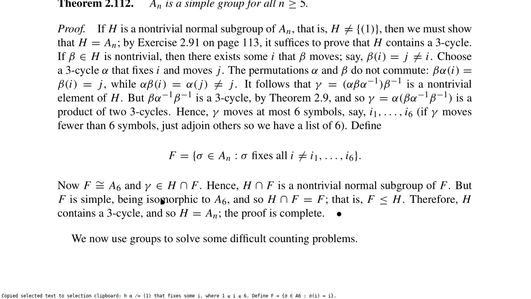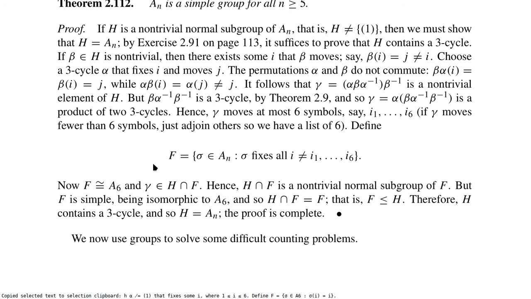So what that means is that gamma is now in H intersection F, because H is just a non-trivial subgroup of AN, and F is A6 itself, which is also a subgroup of AN. And Y contains just 3 cycles.